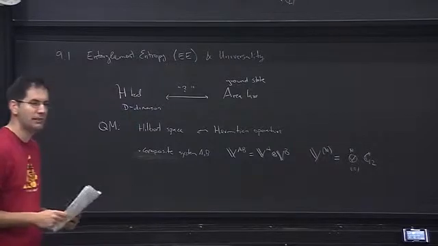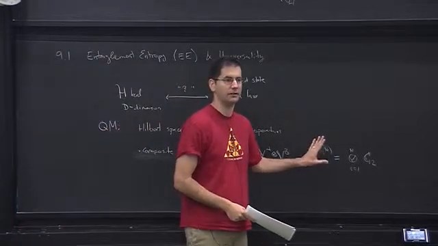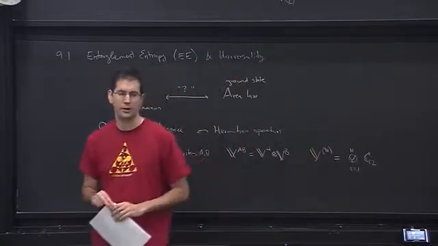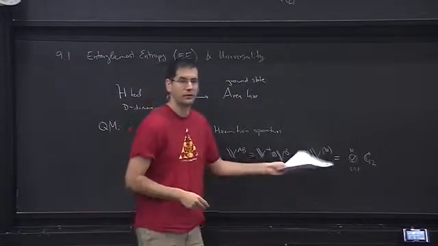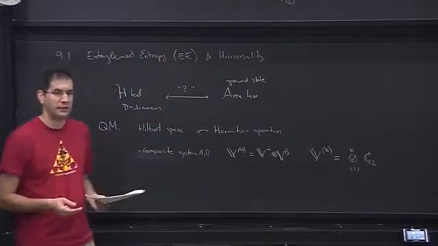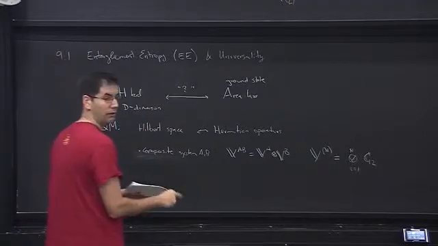But what I'm saying is that most of this Hilbert space is actually irrelevant to physics as you consider large n. As we consider larger and larger systems, we have this huge Hilbert space. It's huge, but most of it is both inaccessible and irrelevant to local physics.